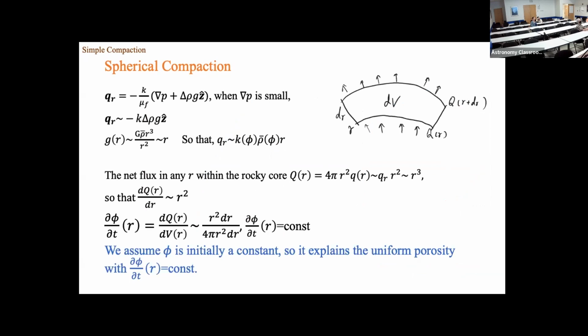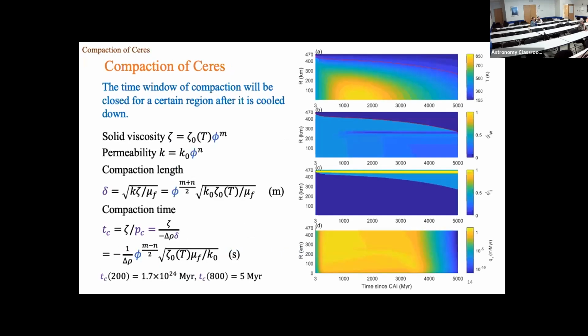I won't follow it line by line, but it generally tells us that due to the inverse square law of gravity and also this spherical geometry, if we start with a uniform pressure, then the time derivative of pressure for the rocky core part is a constant, unchanged with the radius. So we will always have this uniform porosity inside of this rocky core. And gradually we have a stable figure here.